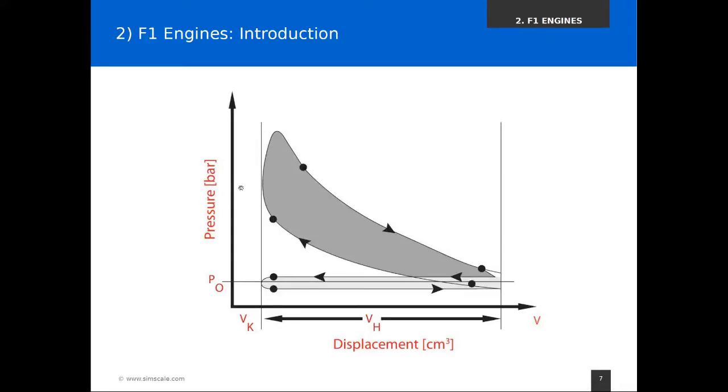So when the driver pushes down the throttle, it actually means that this part of the curve shifts upwards, and as we just discussed, the area below this curve shows us how much work is being released in each stroke. So if we push down the throttle just a bit more, we raise this part of the curve and then also increase the area, and in turn increase the amount of work done in each engine revolution.